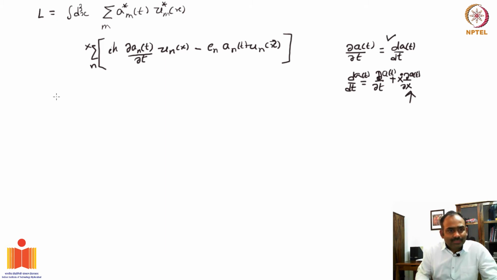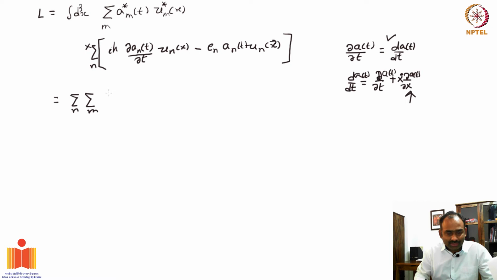So you get the following. You get summation over n, summation over m. Let me collect un and ums.